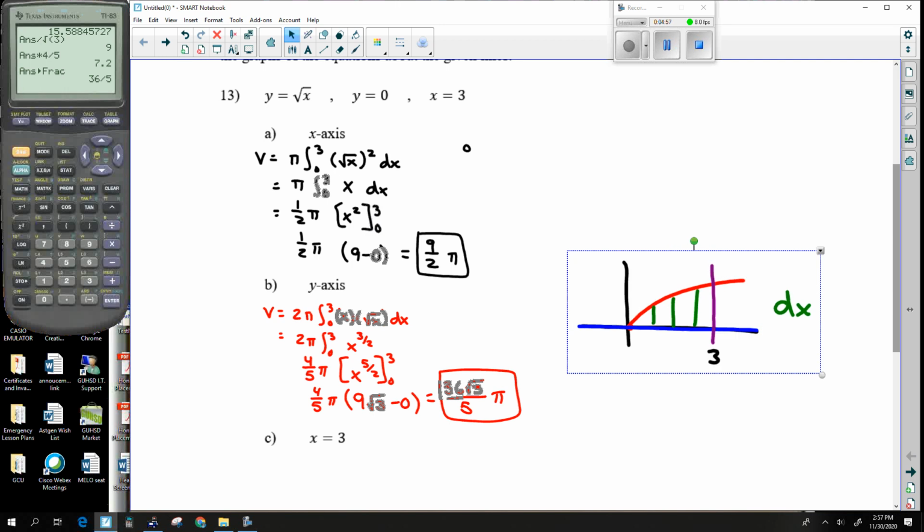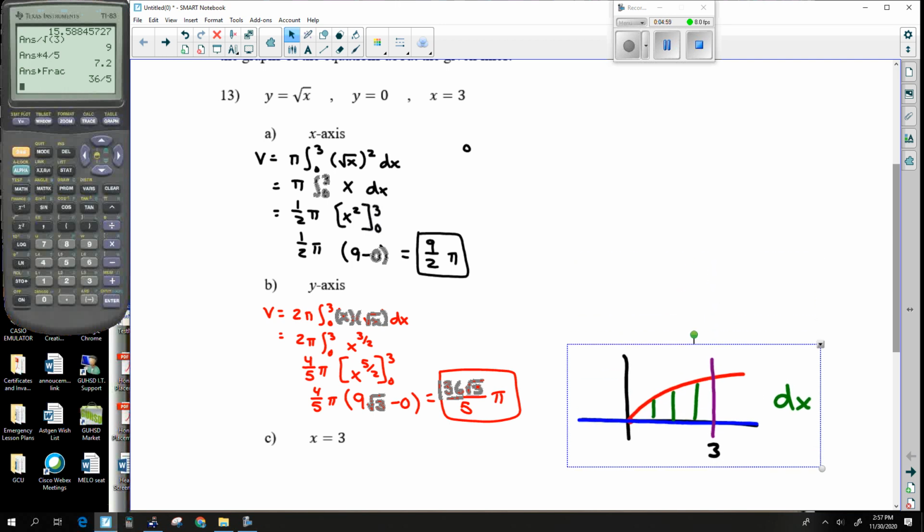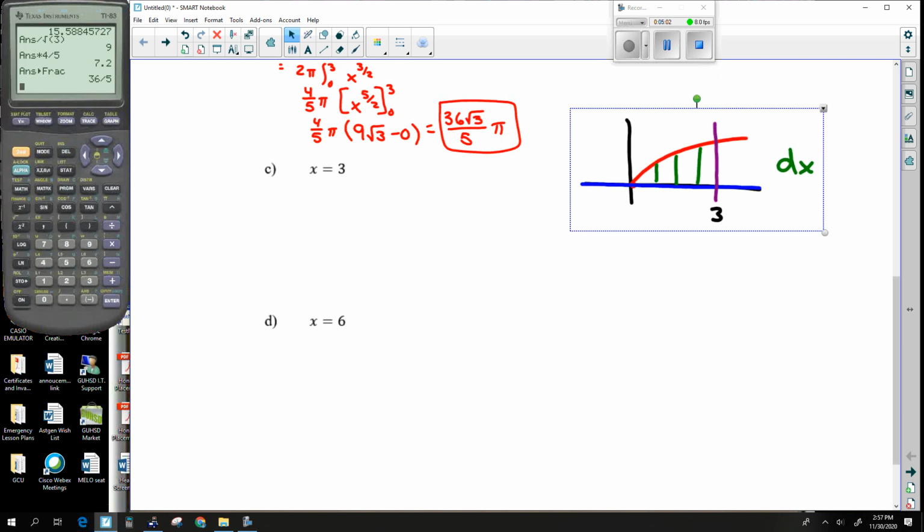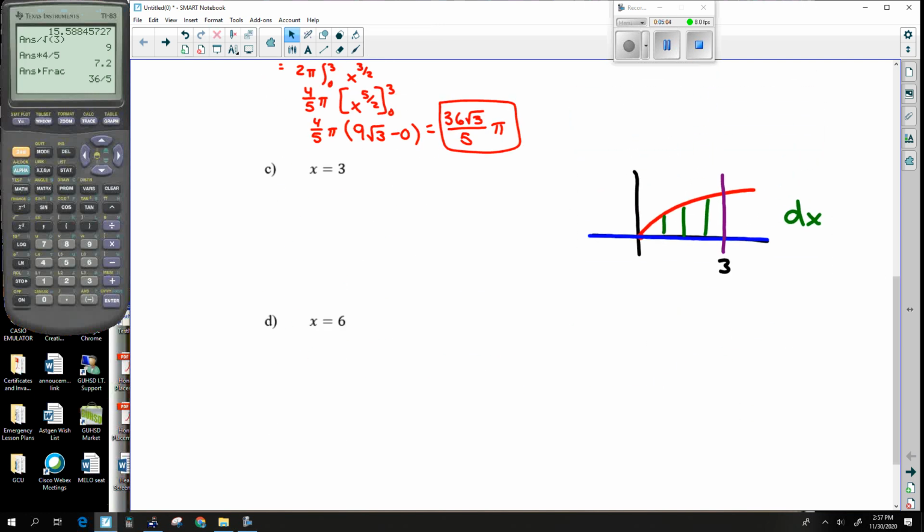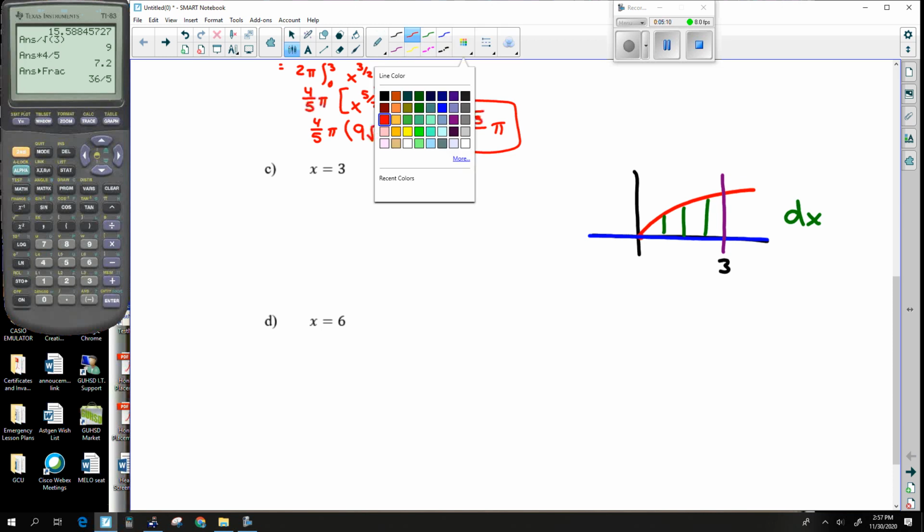Let's take a look at these methods right here. In letter C, they're moving the axes to x equals 3. So x equals 3 is now going to be the axis of rotation.